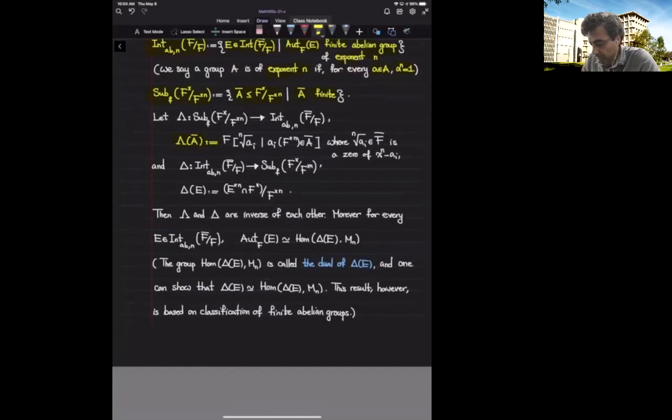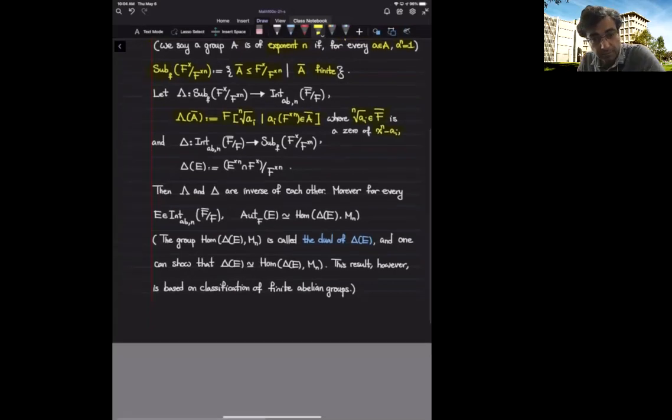Elements of the subgroup are cosets that are represented by a_i's, where the a_i's belong to the field capital F. For each one of these a_i's, I'm going to pick a solution of x to the n minus a_i inside the algebraic closure that we have and add it to the base field. So I'm adding finitely many roots to the base field F, and this way I'm getting an intermediate subfield.